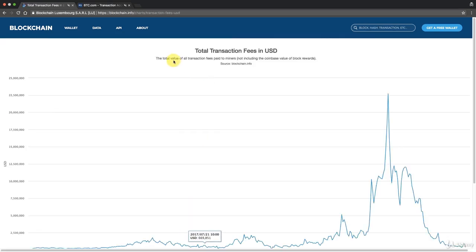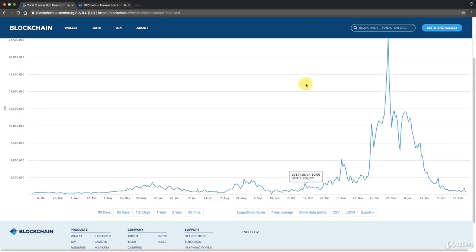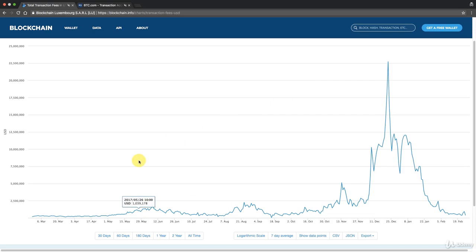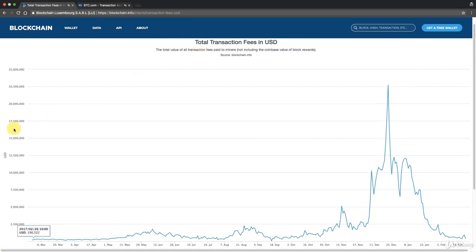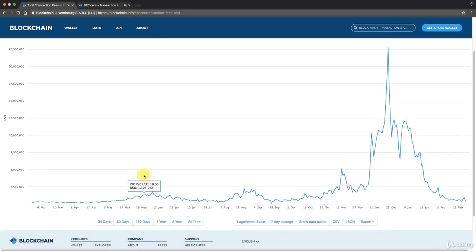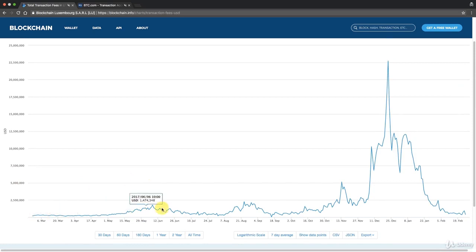So this is the total value of transaction fees paid to miners, not including the Coinbase value block reward. So basically not including any new Bitcoins that are generated for creating the block itself. And you can see here, this is in US dollars, interesting. So this is how much miners are actually getting in terms of fees in the past year.